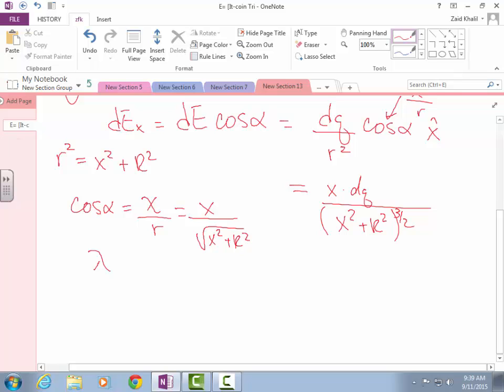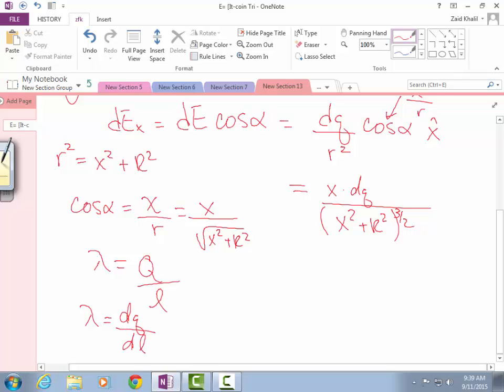And what is lambda defined as? Charge per unit length. Or more specifically, lambda is equal to dq over dl.